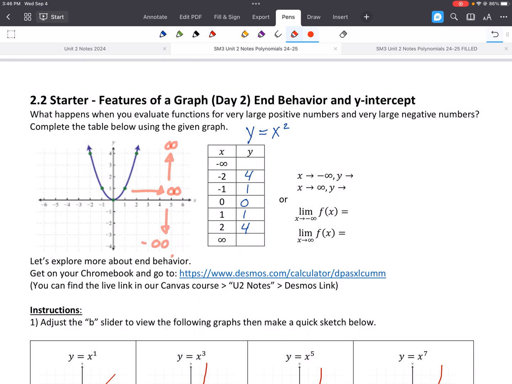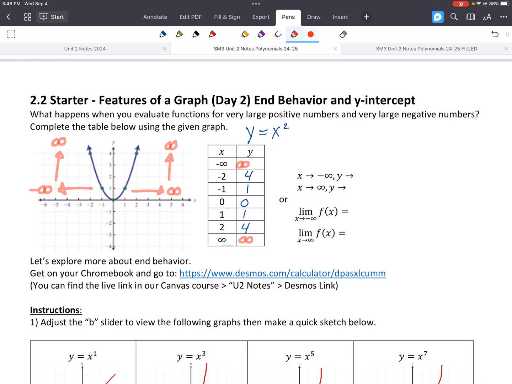Looking at this example, the arrows are both going up to infinity. As you go to positive infinity in the x, the y goes to positive infinity. And if we go to the left, or negative infinity, the arrows end up going to positive infinity.